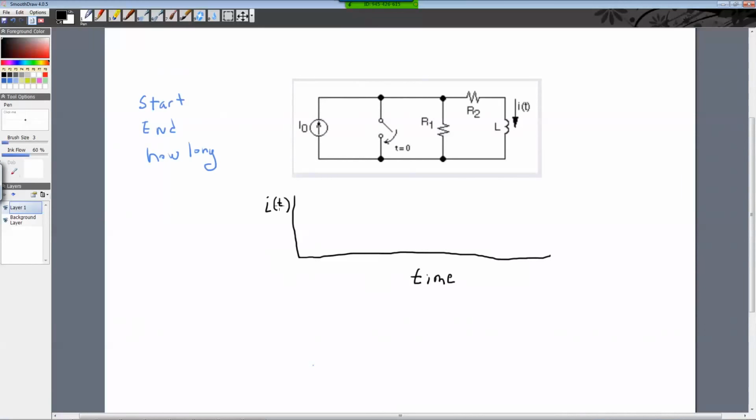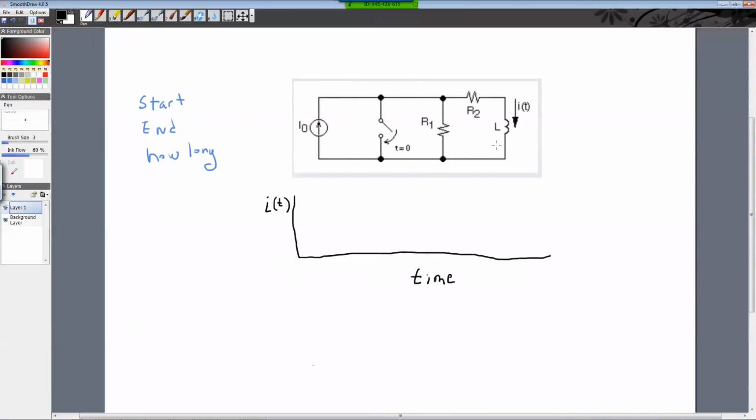All right. So where are we going to start? At time equals 0, the switch is going to close. So that means it's open before that time. All of this current will be flowing between R1 and this path. All right.